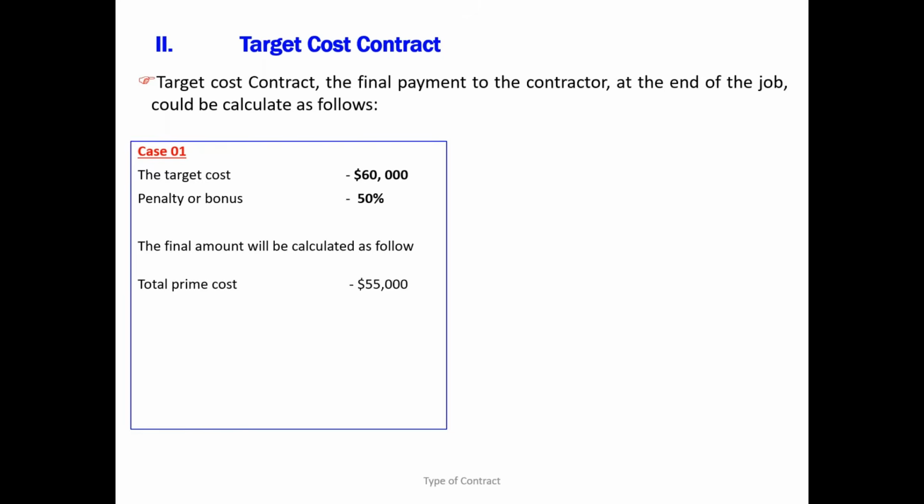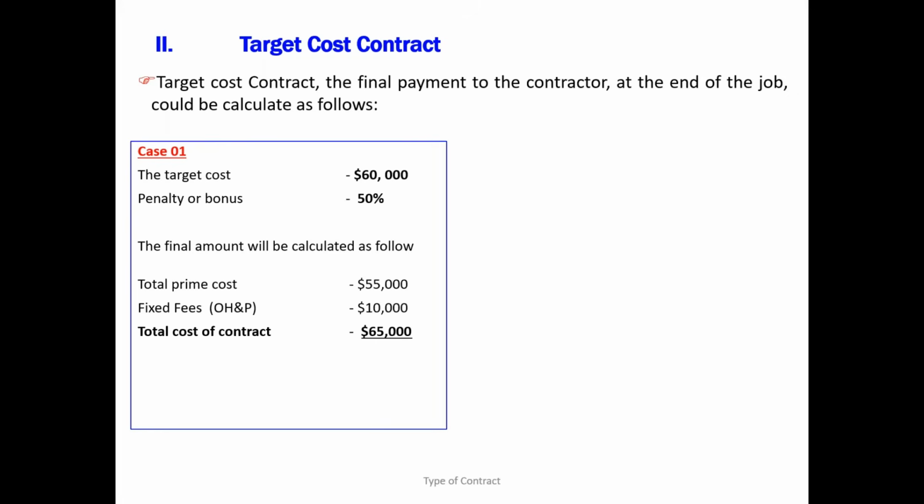Now prime cost means the actual cost incurred till now by the contractor, 55,000. And the fixed fee agreed is 10,000. So how much is the total value? 65. Now tell me, what is the target cost? 60, and the total cost of the contract has now gone to 65.